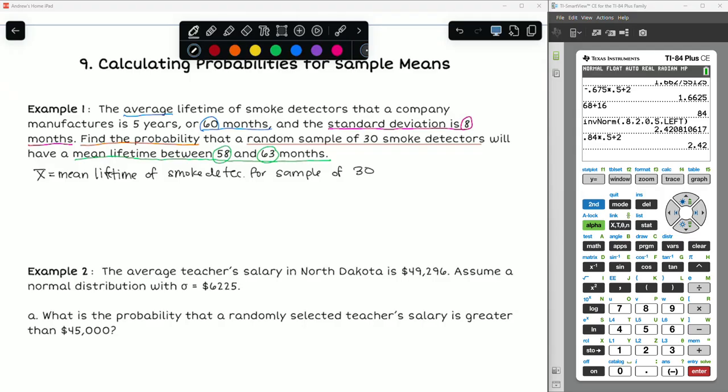My sample size is 30 or bigger, which tells me that the distribution of sample means, my sampling distribution, is normal. The mean of the population is the mean of the sampling distribution, so 60 months. The standard deviation of my sampling distribution is the standard deviation of the population divided by the square root of the sample size.